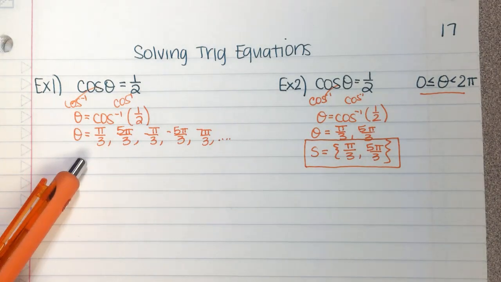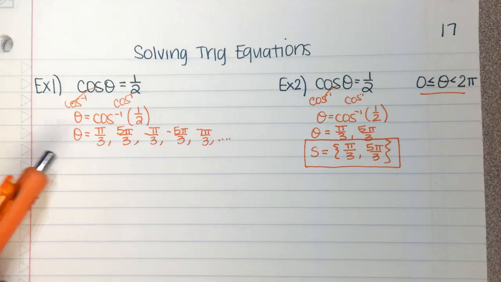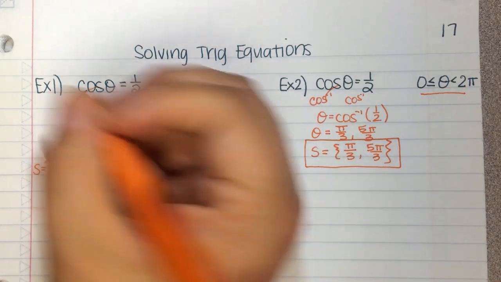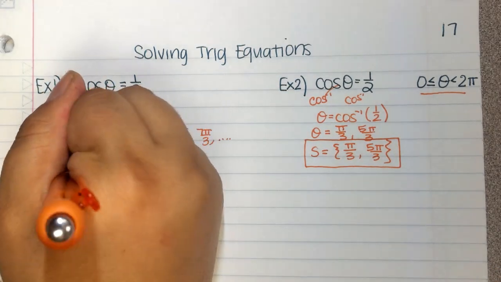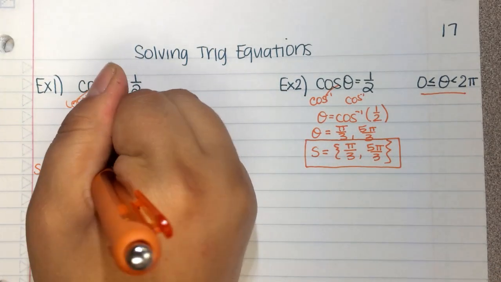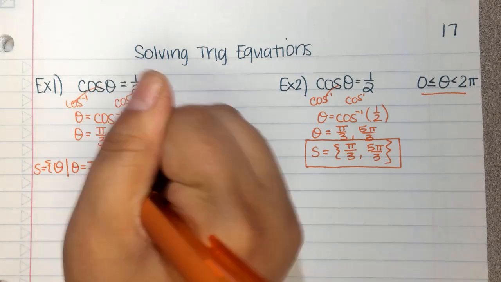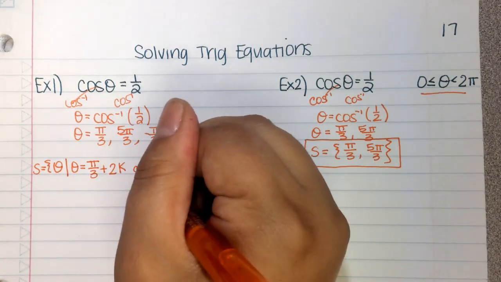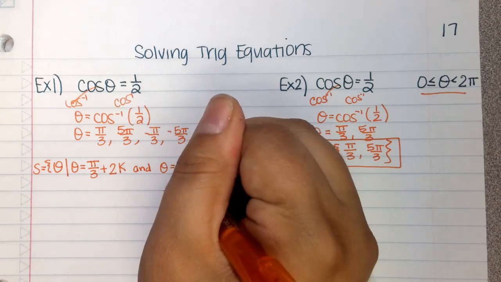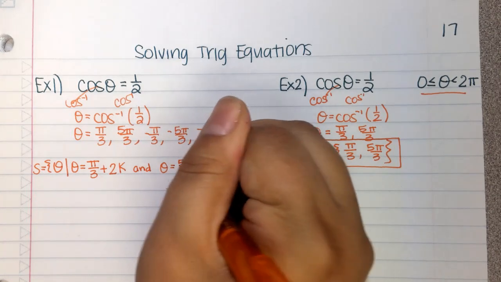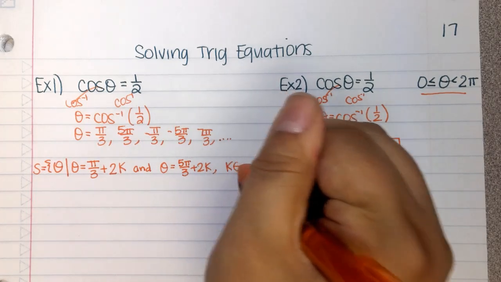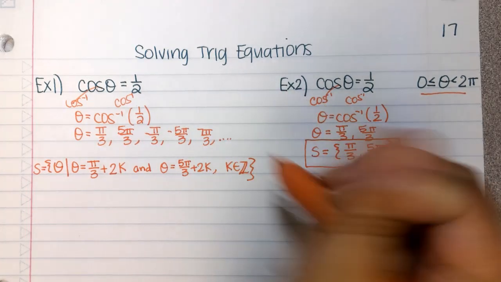The answer here, I'm going to have you write down. You do not have to have this memorized in any way. It is going to be theta such that theta equals pi over 3 plus 2k pi, and theta equals 5 pi over 3 plus 2k pi, where k is a variable that is an integer.